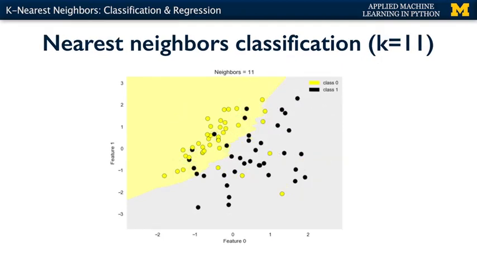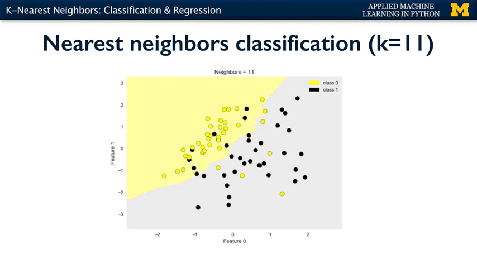And here's what happens when we increase k from 1 to 11. Now the classifier must combine the votes of the 11 nearest points, not just 1. So single training data points no longer have as dramatic an influence on the prediction. The result is a much smoother decision boundary, which represents a model with lower model complexity, where the decision boundary has much less variance.